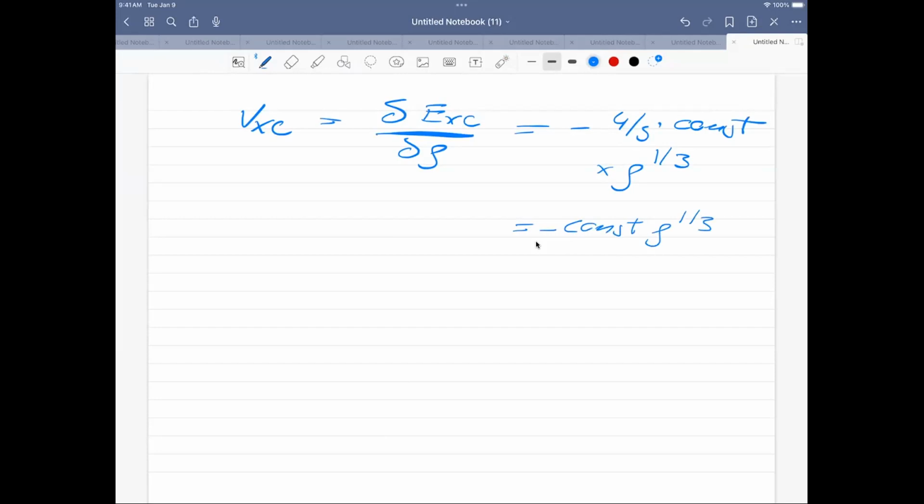And that means that I can now rewrite my Kohn-Sham equations in terms of the kinetic energy operator, T of R. I have this external potential, which confines the motion of the particles.